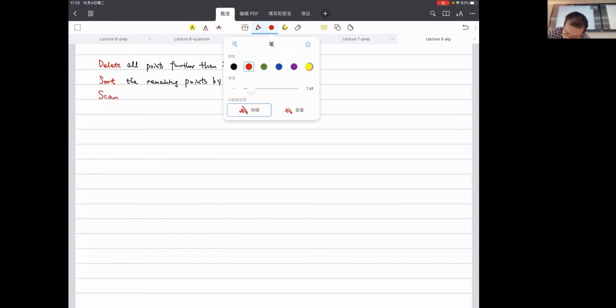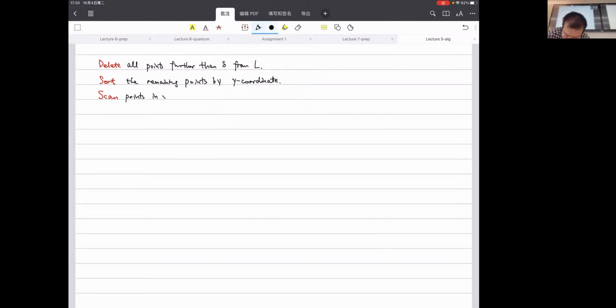So we scan points in y coordinate ascending order and compare the distance between each point and its next 11 neighbors.